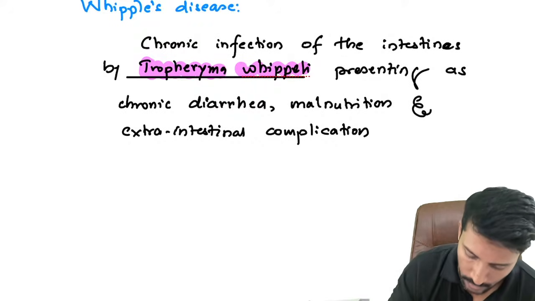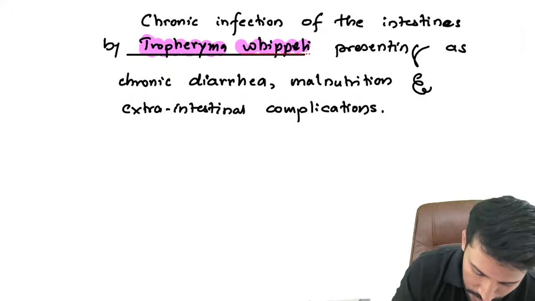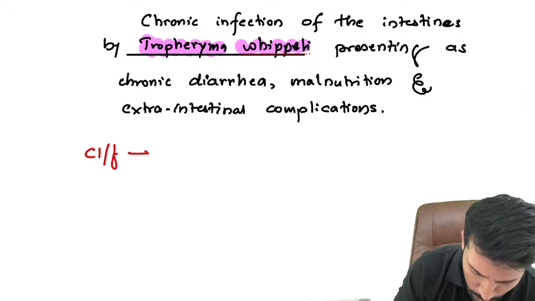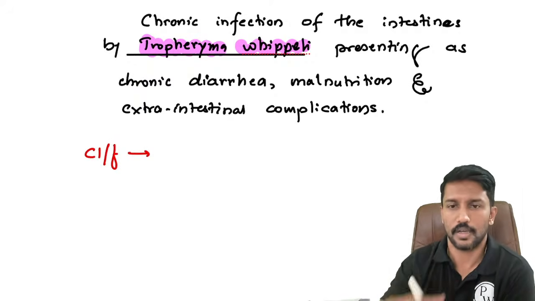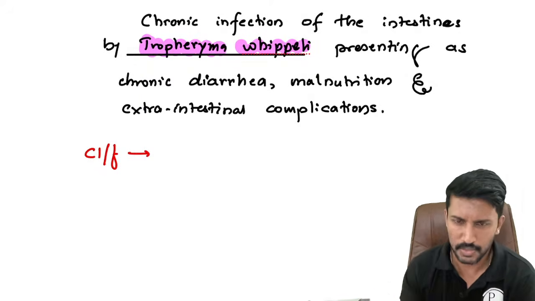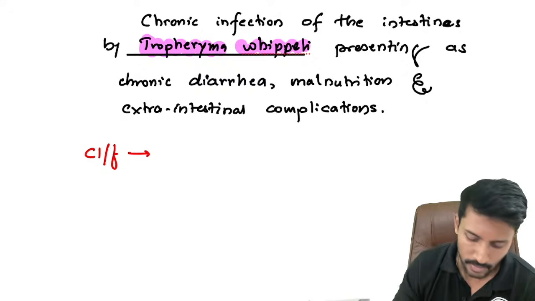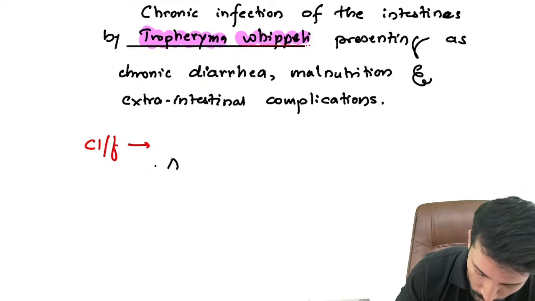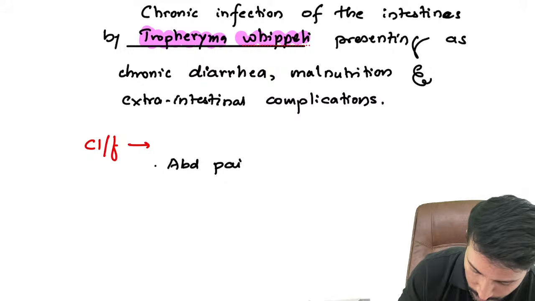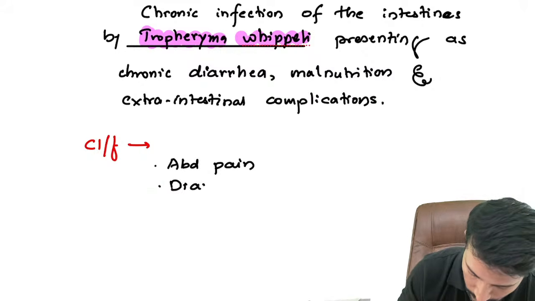Okay. Now, in terms of clinical features, what should you write here? It will be a brief answer because it is building on whatever you have written for celiac disease. These patients will also have abdominal pain and diarrhea.